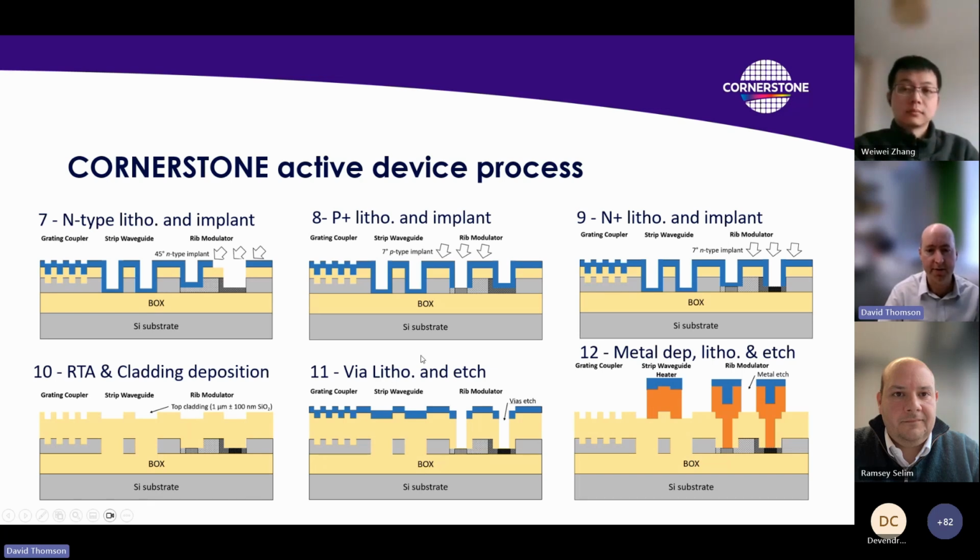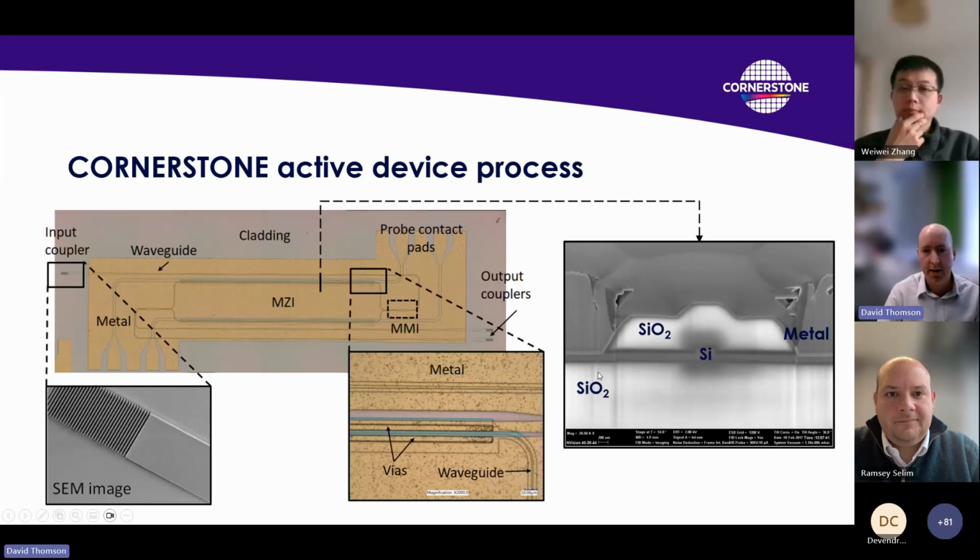And then in step 11, we define the positions of contacts down to our doped regions, and we etch those through the top cladding layer. And then we go through metal deposition, lithography, and etching to define our electrodes. And this is what a typical device looks like that you'll get out of our process.